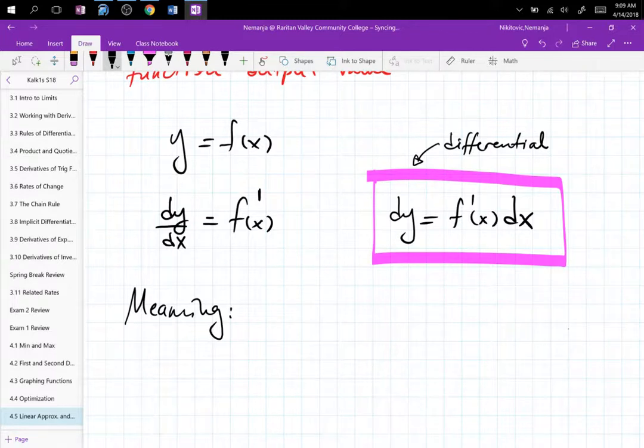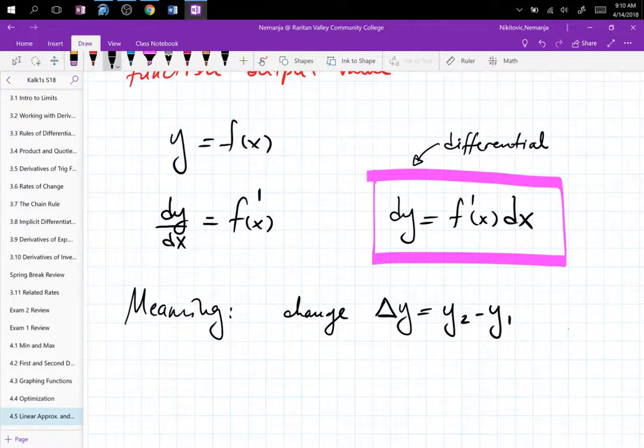Meaning, well, first of all, we have a concept of change. And the concept of change is captured with this delta. So when you say delta y, you mean y2 minus y1. When you say delta x, you mean x2 minus x1.